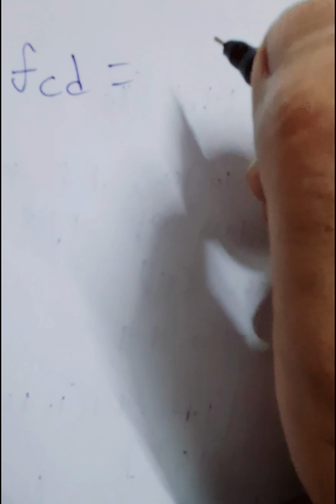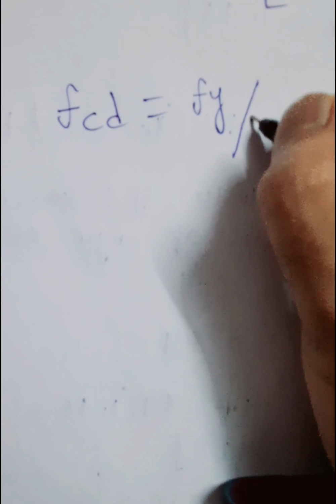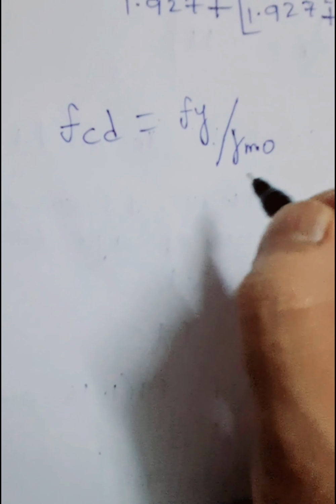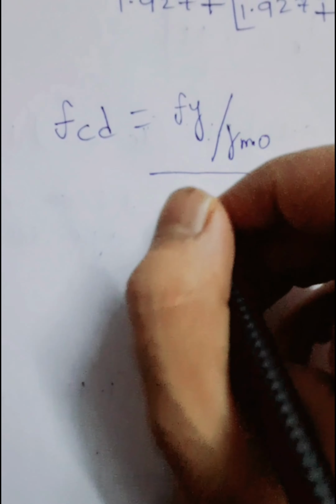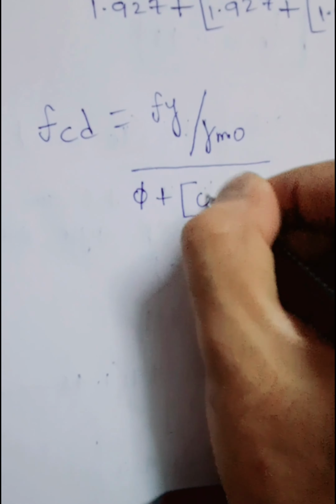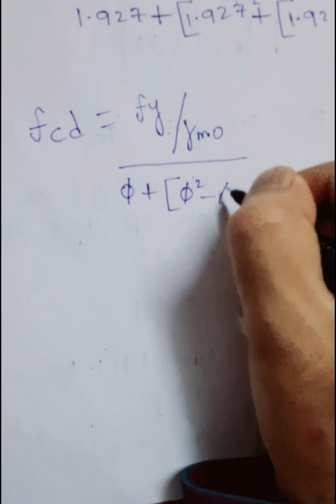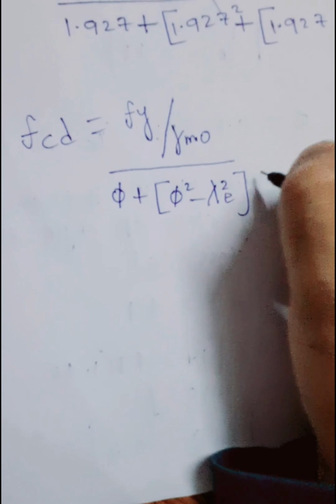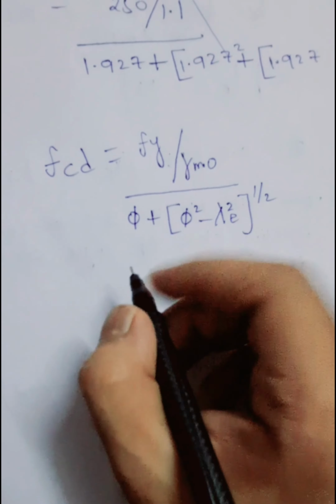The design compressive strength fcd is equal to fy divided by gamma m0, that whole divided by phi plus the square root of phi square minus lambda e square.